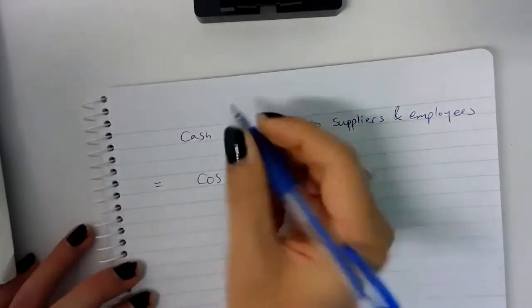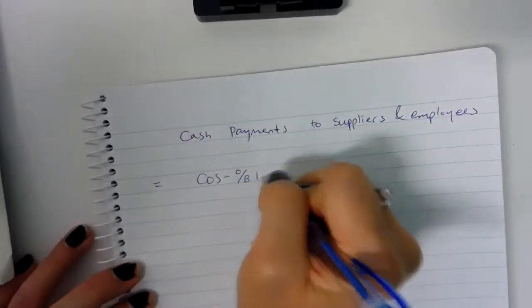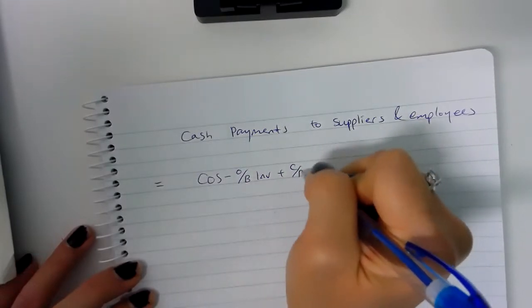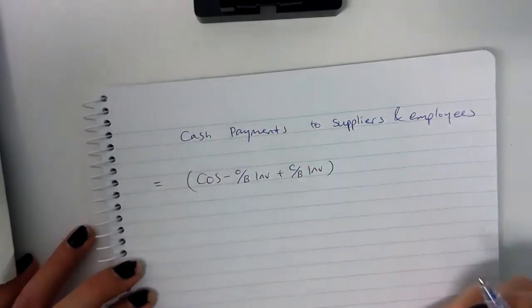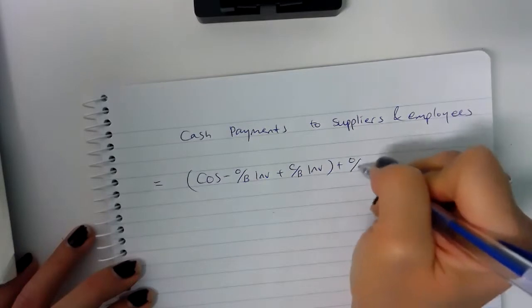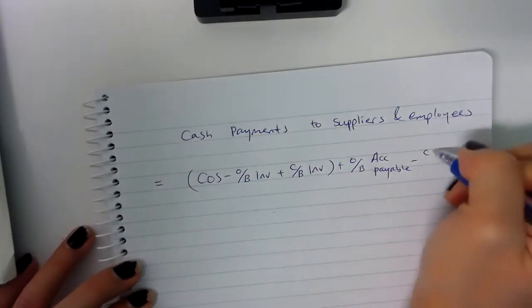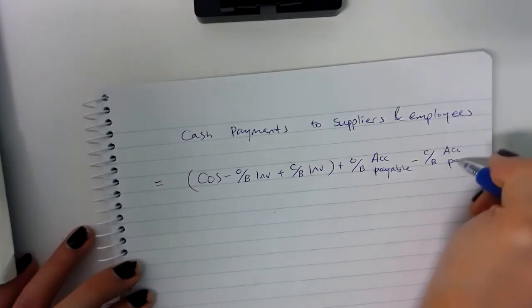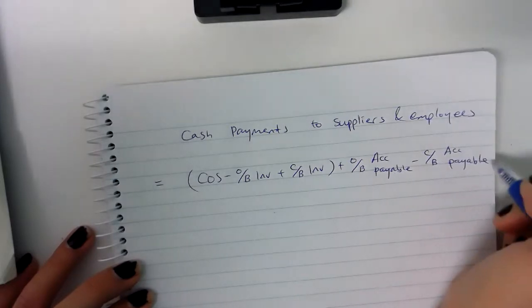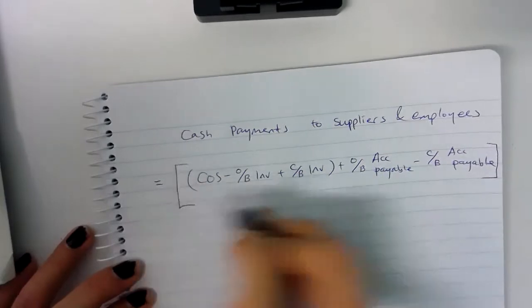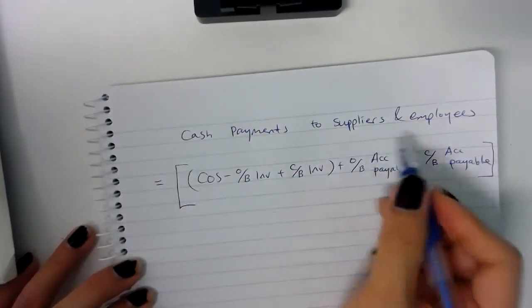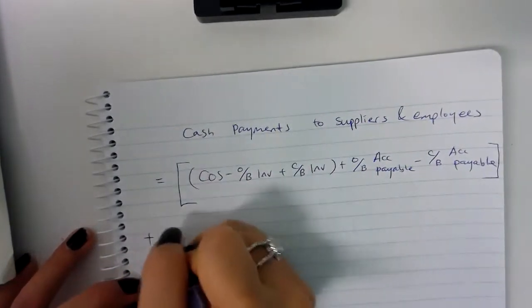If they use perpetual, then you need to do this. That's how we work out purchases and then adjust for accounts payable. So that's to work out cash payments to suppliers and then cash payments to other expenses.